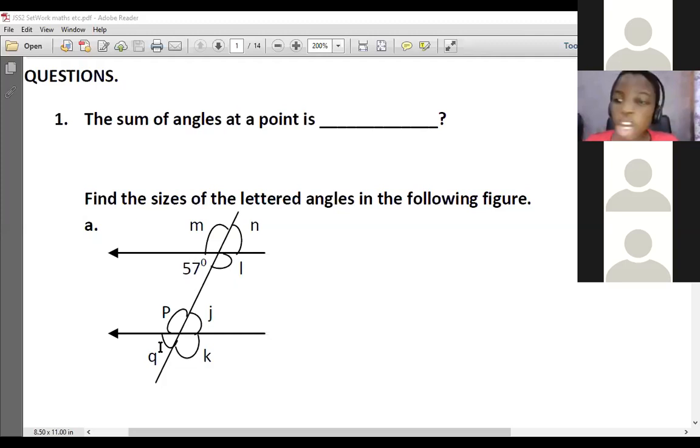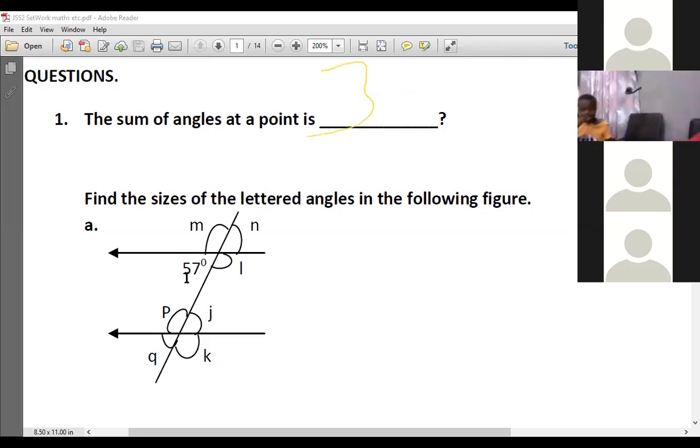Who can tell me? Q. Fine. So Q is what? Q is 57.